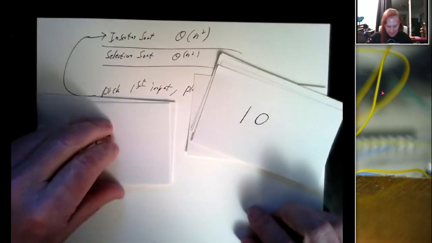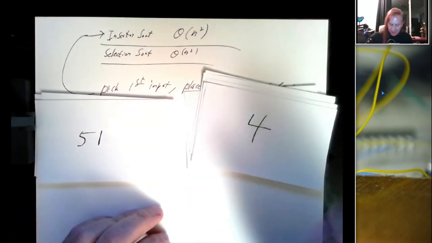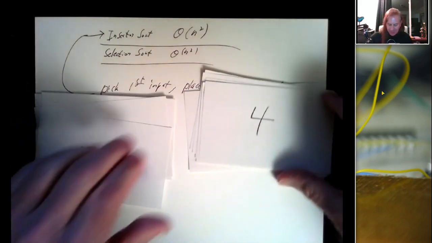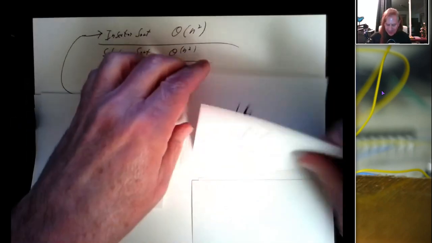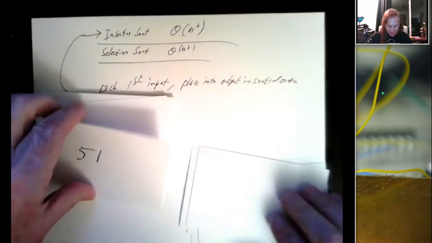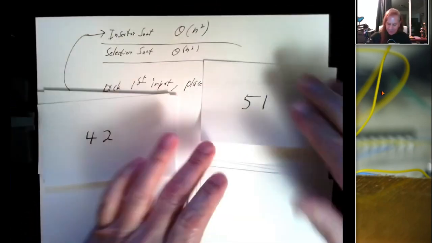The next number is 4, that goes before the first number. There's my insertion. Here's a 51, it comes after 4, 10, 11, 16, 17, and 32, so it goes right there. And we just keep doing this.